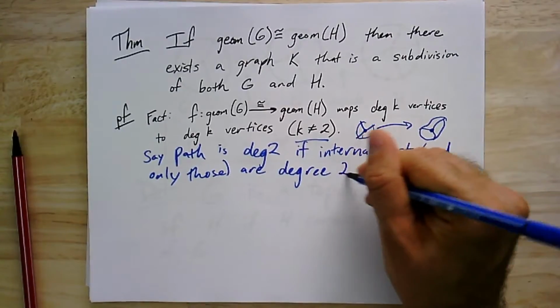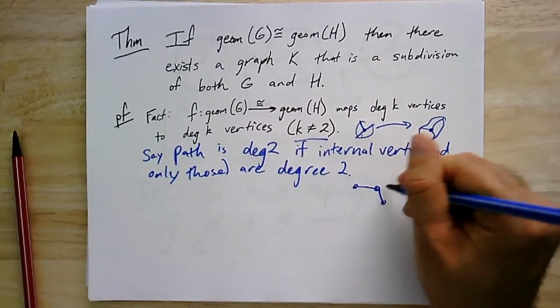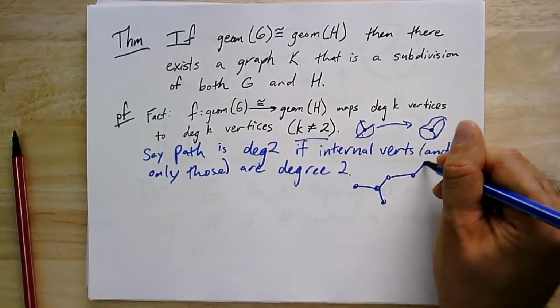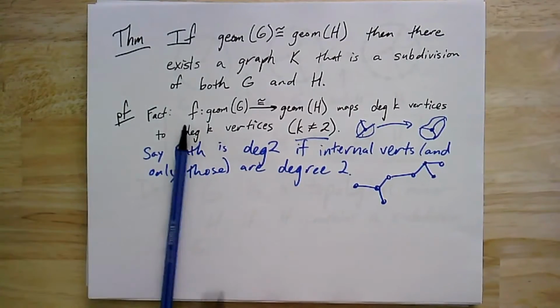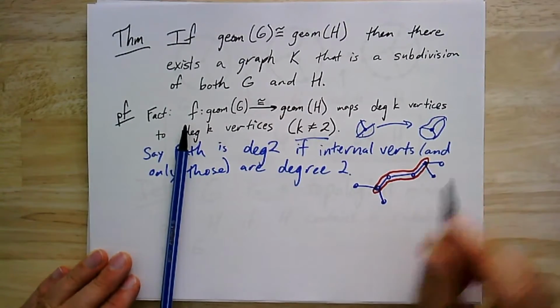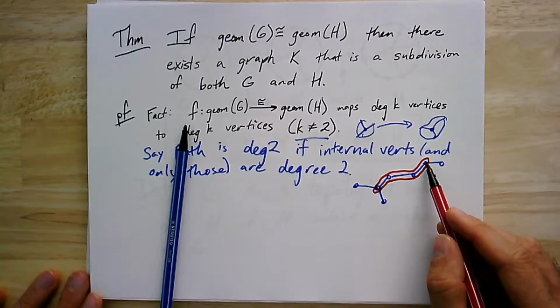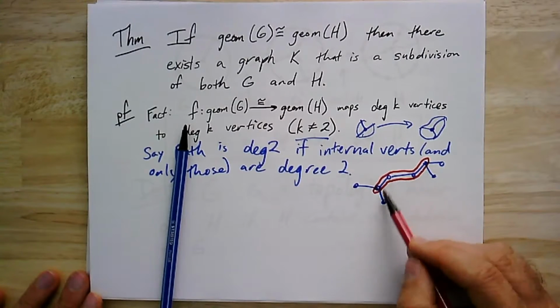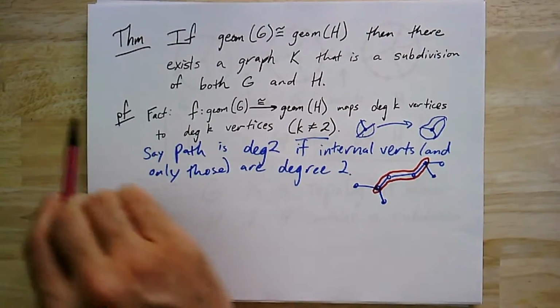In pictures, this looks like the following. So if I have this graph, I can have a degree 2 path like this, okay, which starts at a degree 3 vertex and goes to another degree 3 vertex, and everything along the way is a degree 2 vertex.